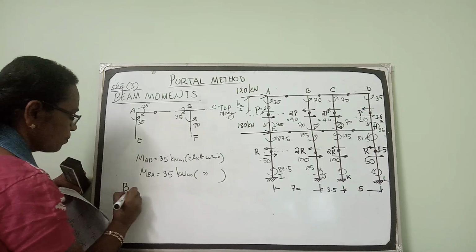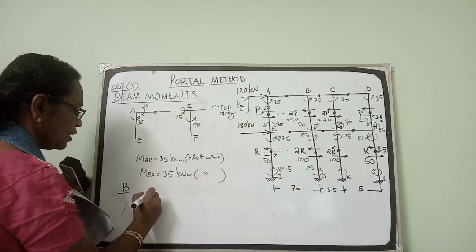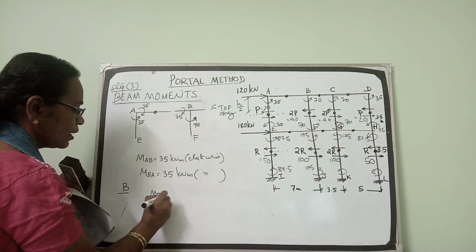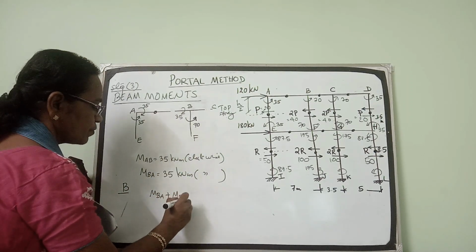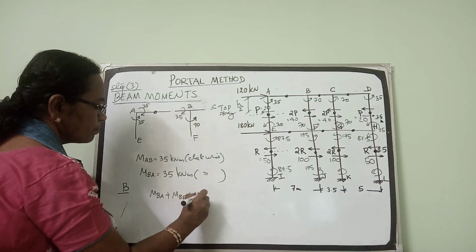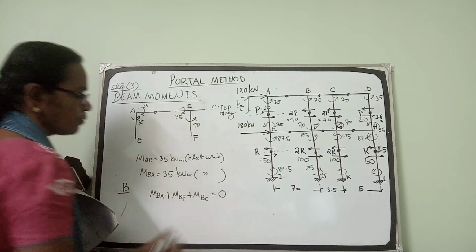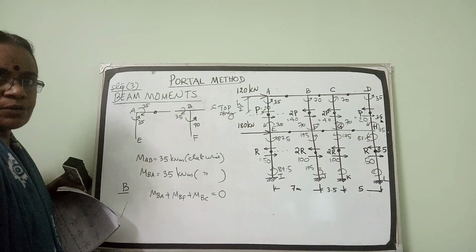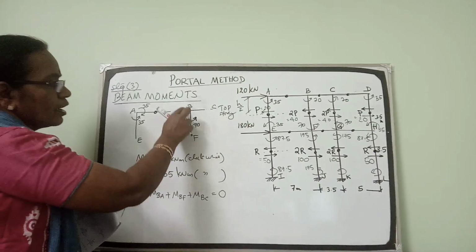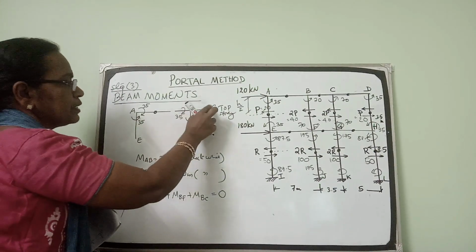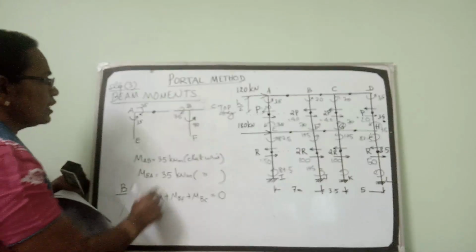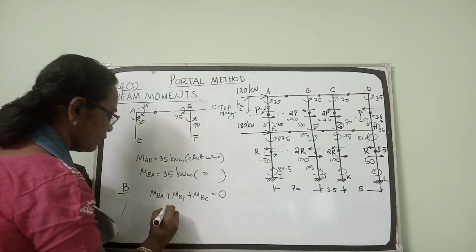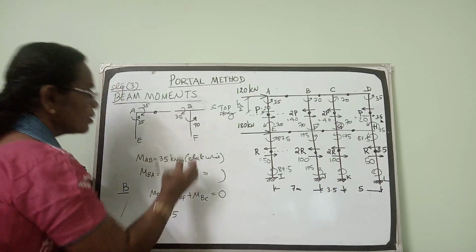Consider joint B. We have MBA plus MBF plus MBC equal to 0, isn't it? Considering the equilibrium of joint B, MBA, MBC, MBF should be equal to 0. Of that, MBA is 35 clockwise.